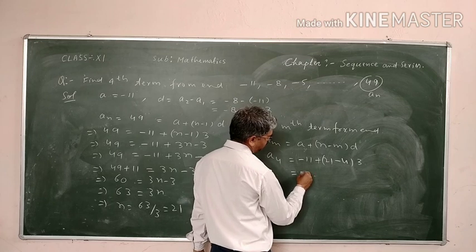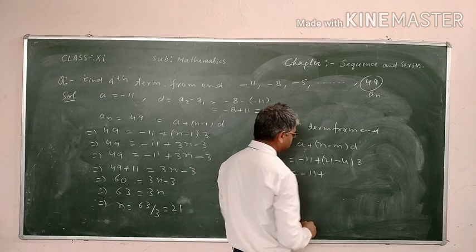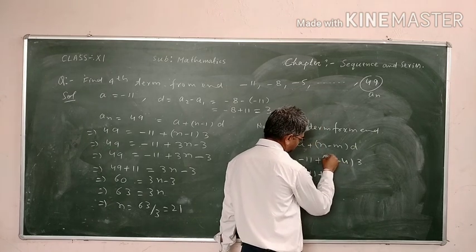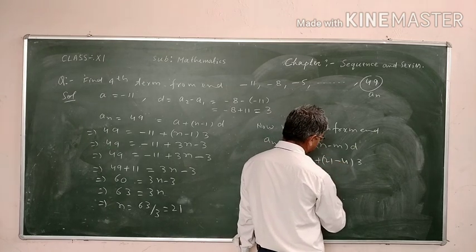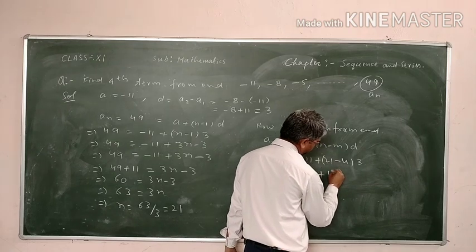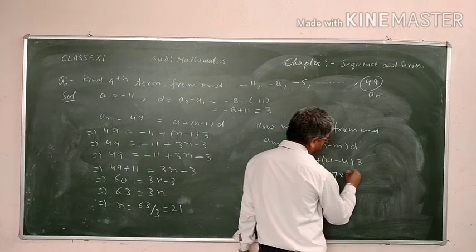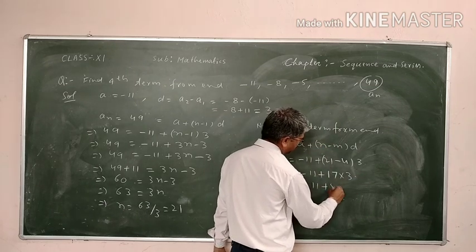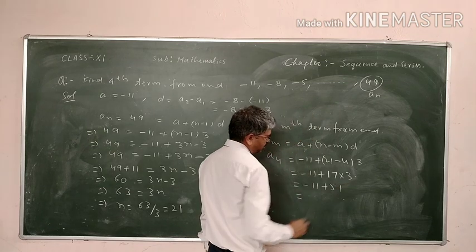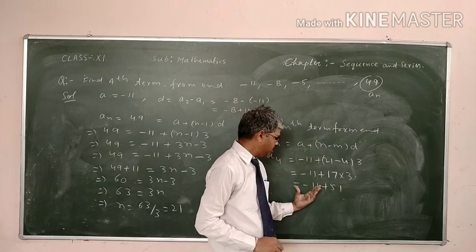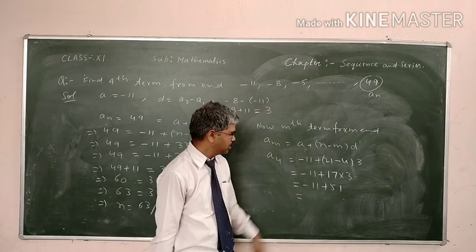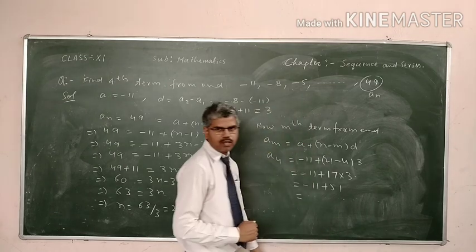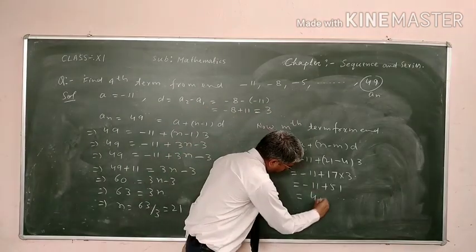So it will become minus 11 plus 21 minus 4, that is 17, into 3. It will become minus 11 plus 51, and minus 11 plus 51 will give 40.